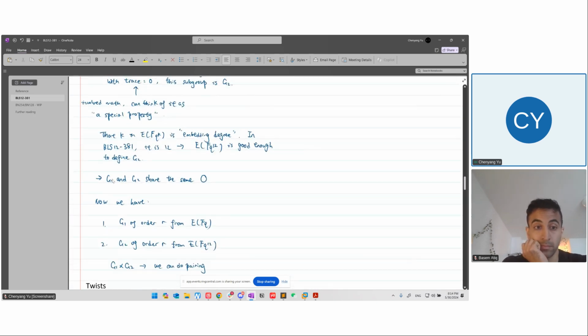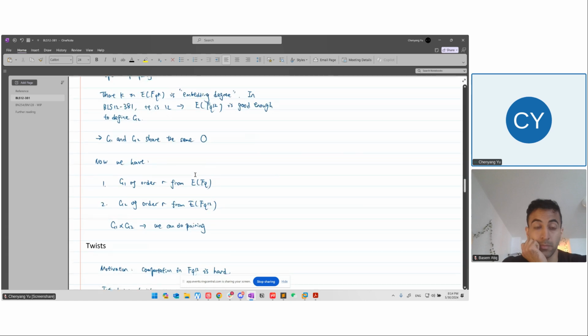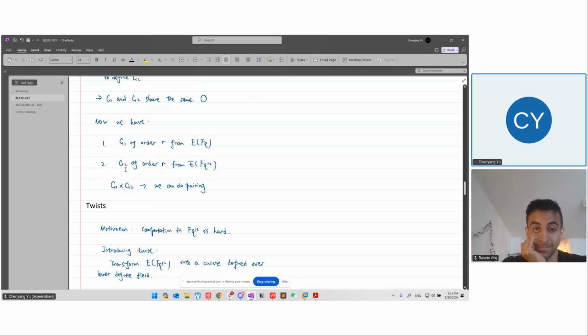A fact is G1 and G2 share the same identity element, the point at infinity O. So at this stage we constructed G1 and we used some cryptic math and constructed G2. We're going to come back to this math. I can't handle it right now. So we have G1 and G2. Now we can do pairing.